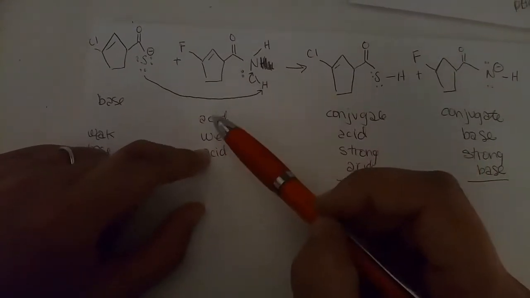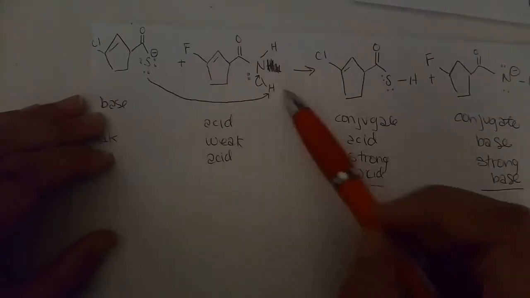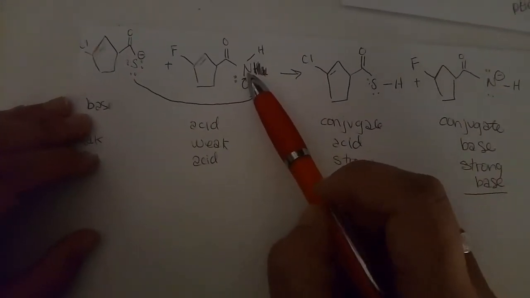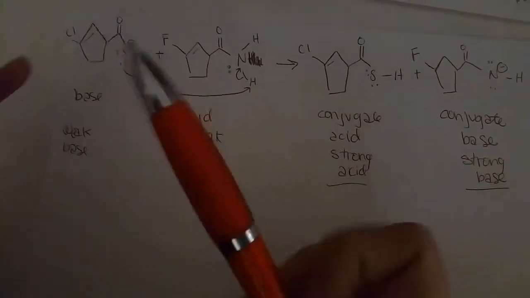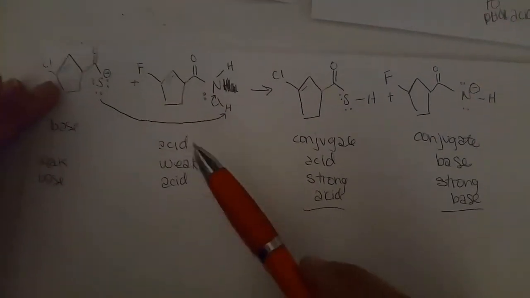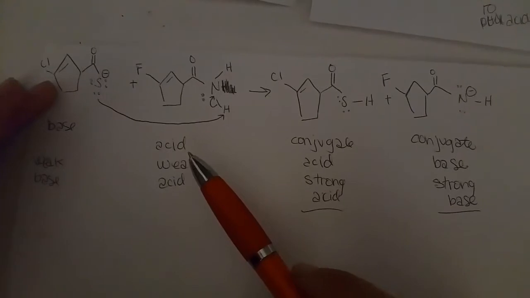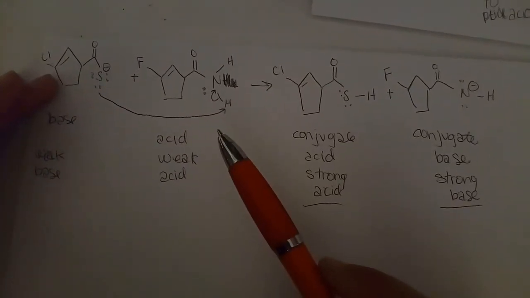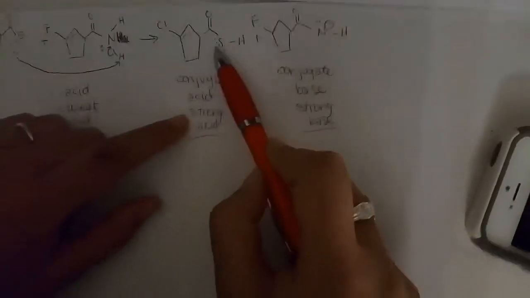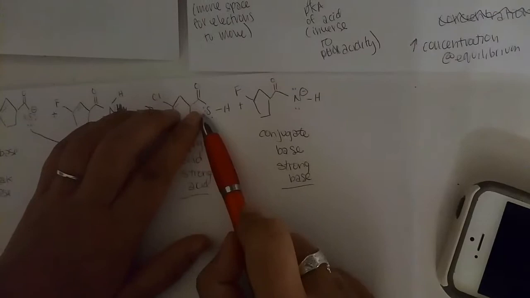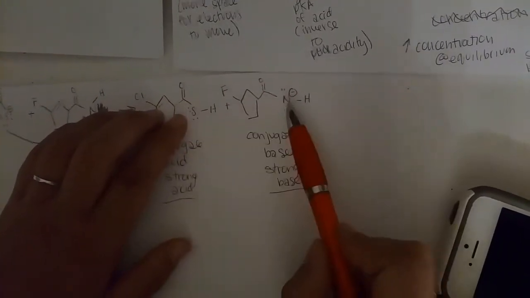Why this is a weak acid is because the electronegativity compared to this sulfur is smaller, because the atomic radius is smaller, so the nitrogen is not as willing to give up a hydrogen. Normally, when you don't have a negative charge, sulfur has a smaller atomic radius than nitrogen does.